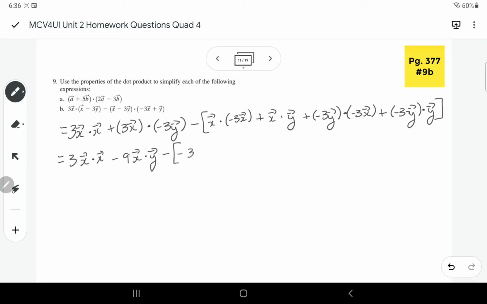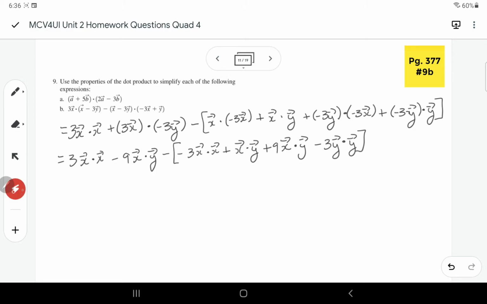So that would be negative 3x dot x plus x dot y, and then plus 9 with the negative 3 and negative 3 here. I'm also going to use the commutative property, that would be x dot y, and then negative 3y dot y.